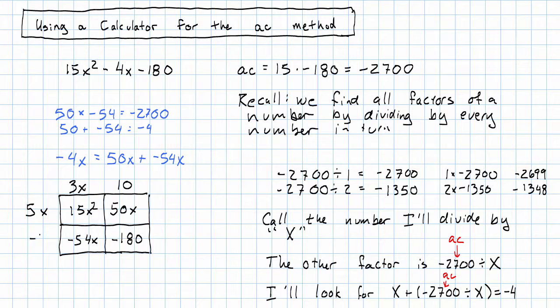So negative 18 times 3x is negative 54x. Is it the case that negative 18 times 10 is negative 180? Yes, it is. So this really worked. My factors are 3x plus 10 times 5x minus 18.